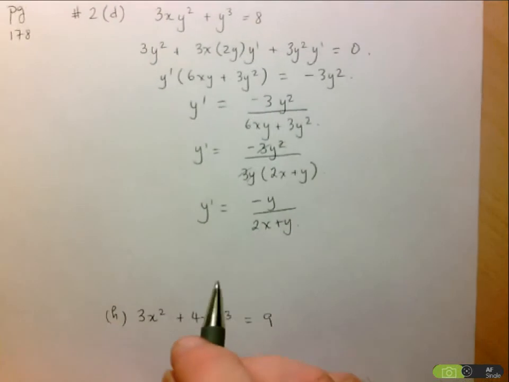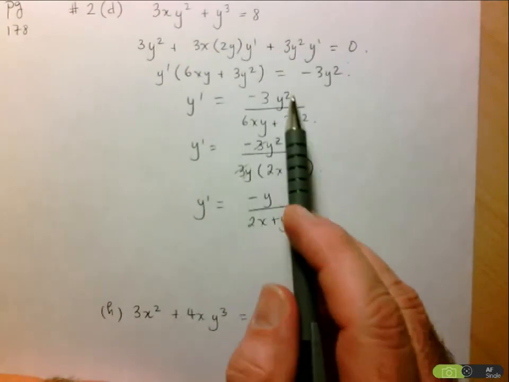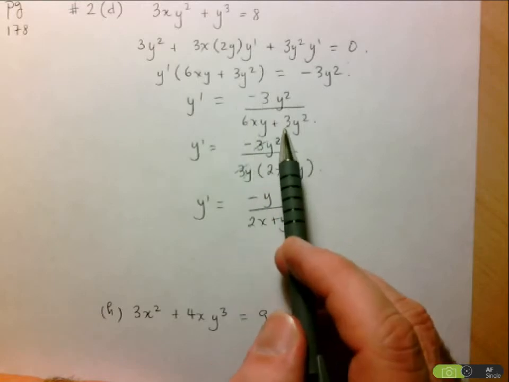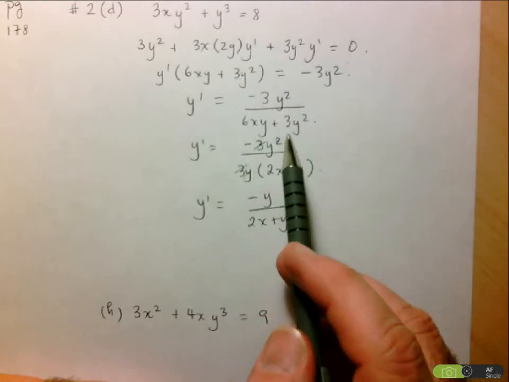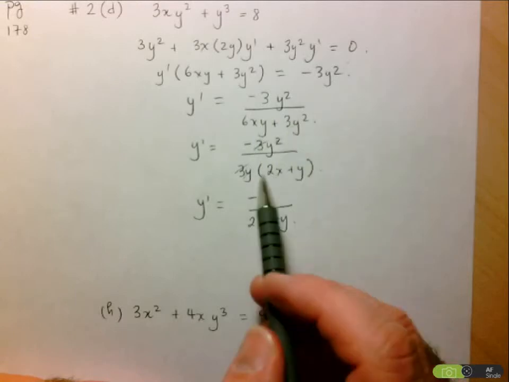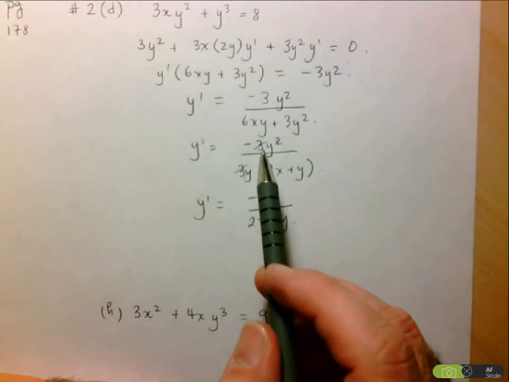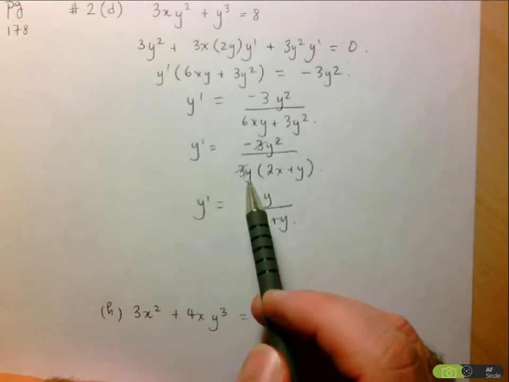Now this is where we need to be careful, because if you look at the original derivative that we found, we saw that y could not be equal to 0. Because it makes both terms here 0, or if you look at this step, y equals 0 makes the whole denominator 0. However, when we reduced, we removed that restriction.